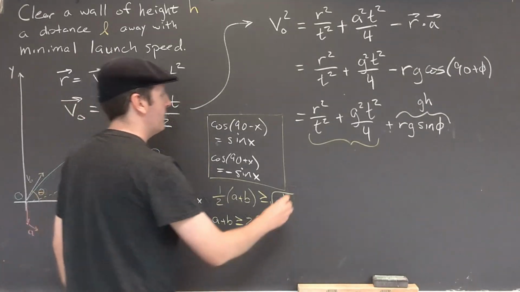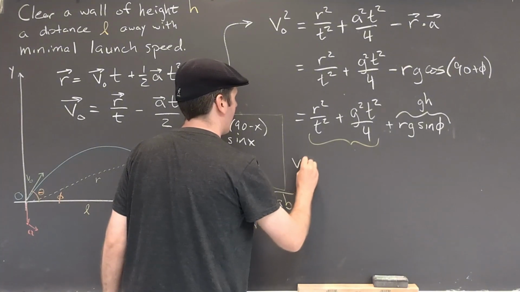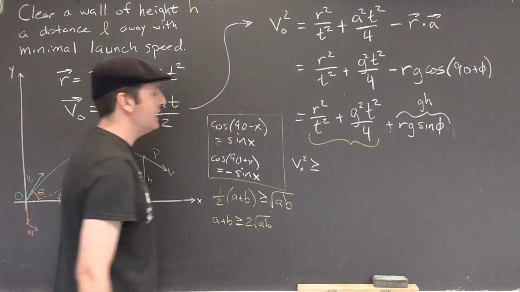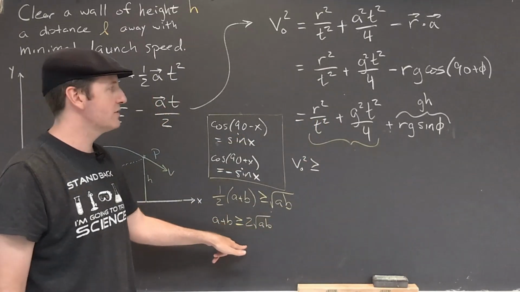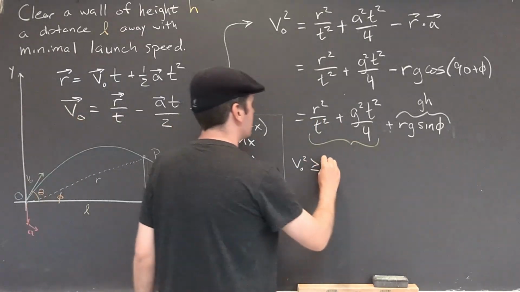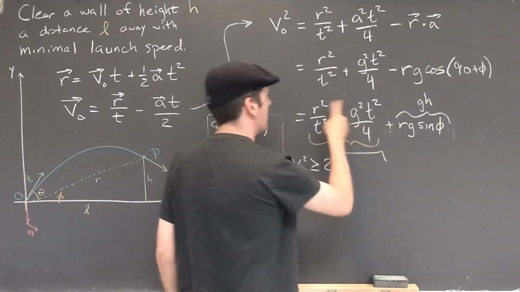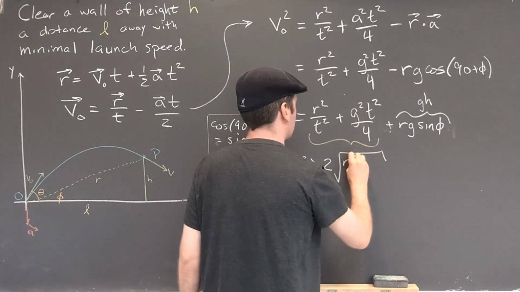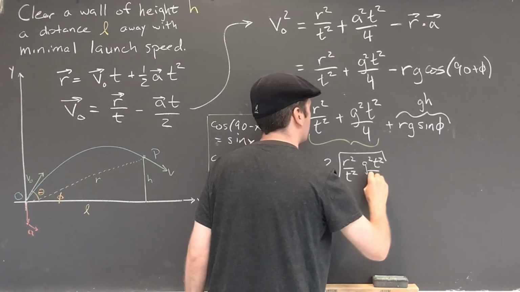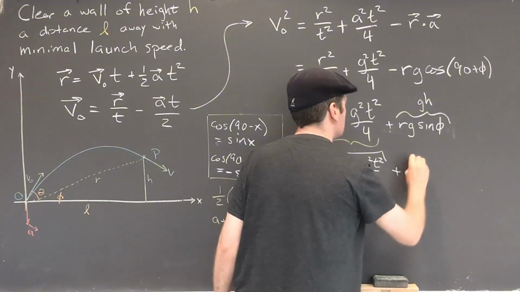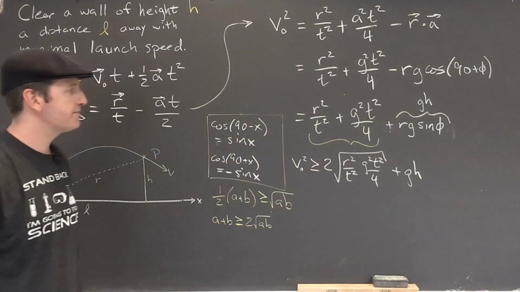So if I apply that here, I will end up with an inequality to the right. Notice this thing will be larger than twice the square root of those two together. So I'll write that r squared over t squared, g squared t squared over 4, and then plus the gh that's not being changed.